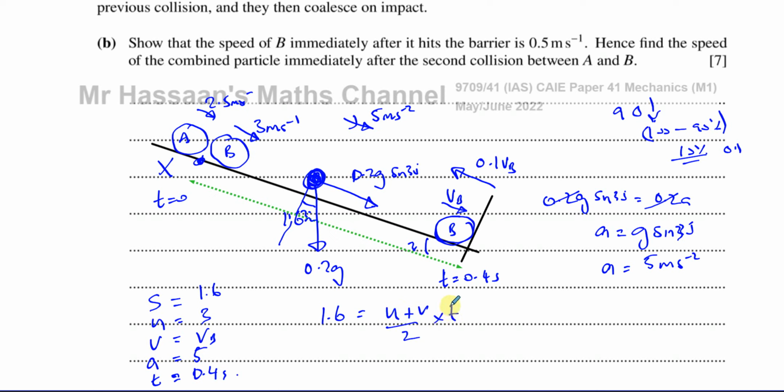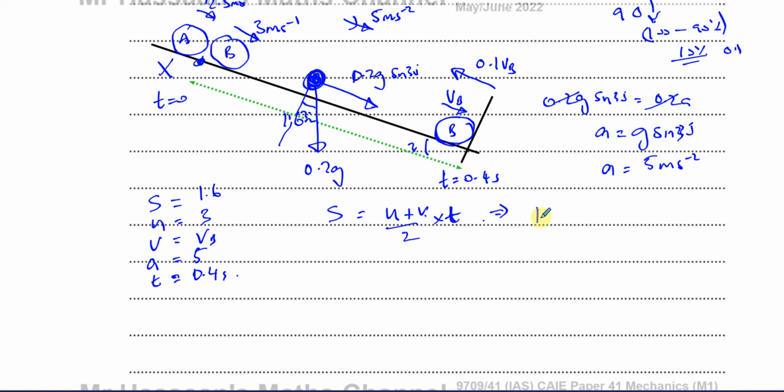I didn't actually have to find a here, to be honest. That would have been quicker. I'm just discussing that. So s equals 1.6, u equals 3, the velocity of B is what we have to find, over 2 times the time, which is 0.4.